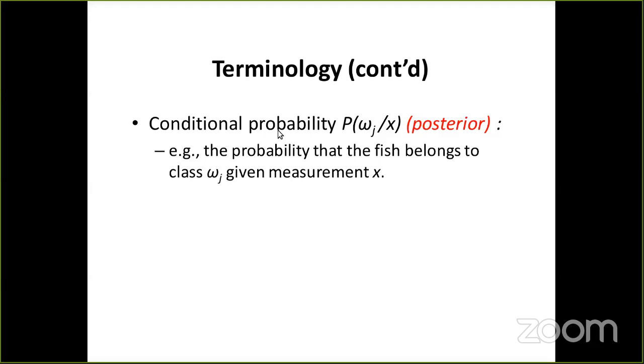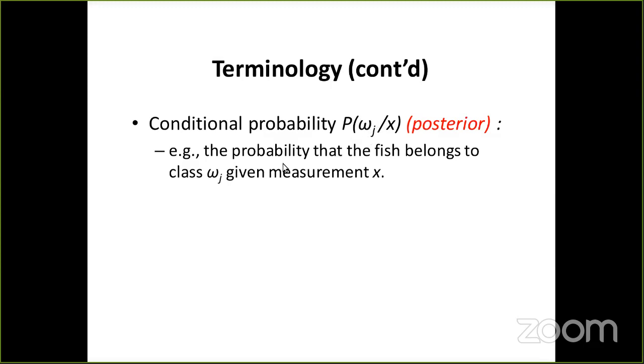Finally, we come to the conditional probability which is called the posterior, or P of omega j given x. This is what we actually are concerned with. Given that we know some feature, we make a measurement over x. We observe the mass of the fish or the color of the fish, whatever information we have. Given that information, what is the probability that it belongs to some class?